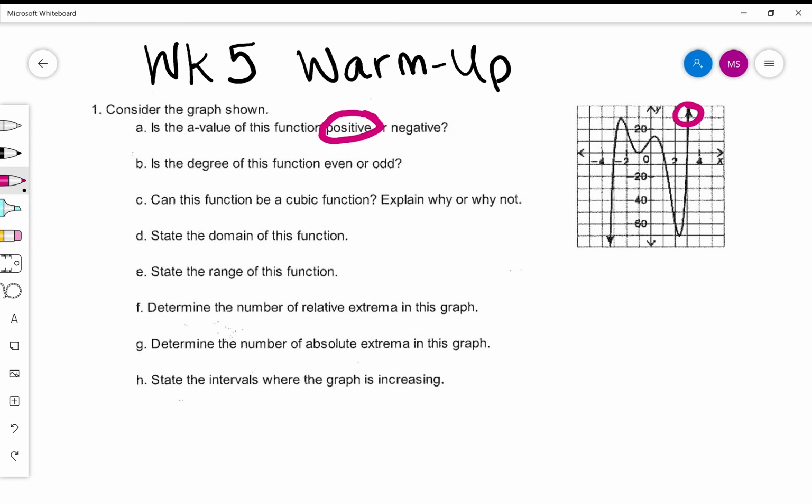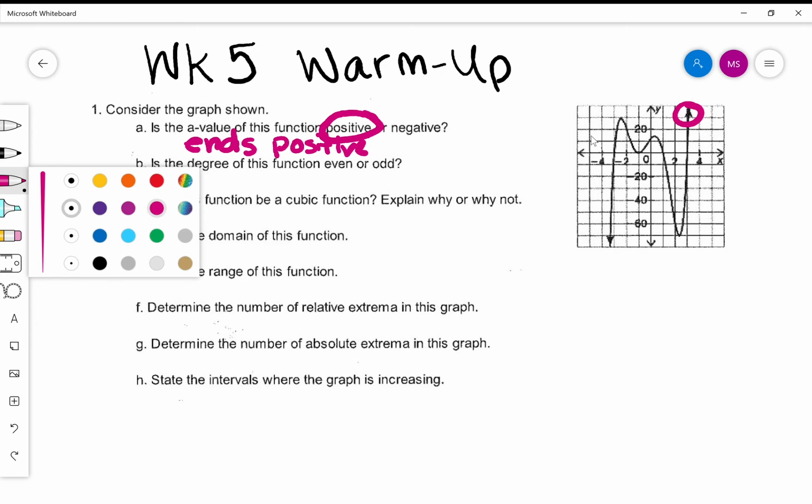All right, so the A value of this function is positive because the graph ends positive. So that is going to be our answer. Ends positive. That's why. All right, let me make this a little bit thinner so you know.